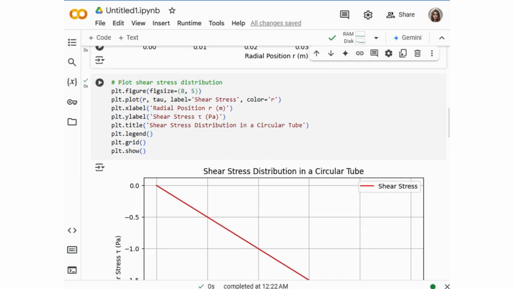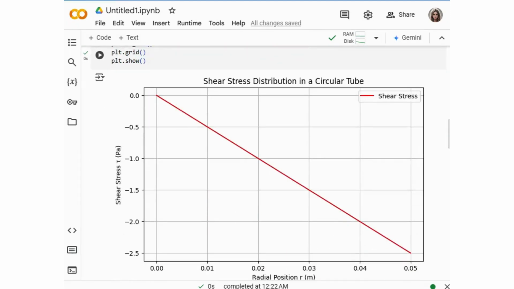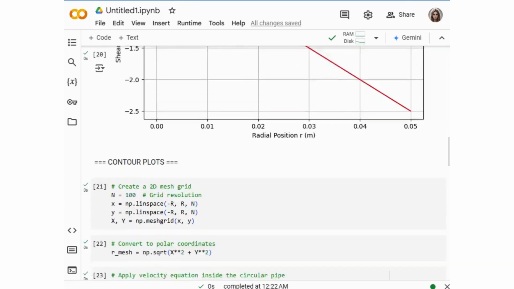Then we have a plot of the shear stress distribution in a circular tube. Here the x-axis represents the radial position and the y-axis represents the shear stress. We observe a linear increase in the shear stress from the center to the wall.